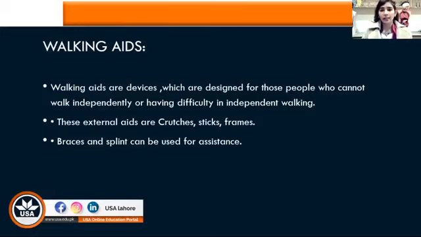There they can be provided with braces and splints, and these splints and braces provide stability to the back, the thorax and the trunk, and provide a central core stability to the patient in order to add to the effects of the walking aid and help them to make themselves more stabilized and to have an independent life as well.